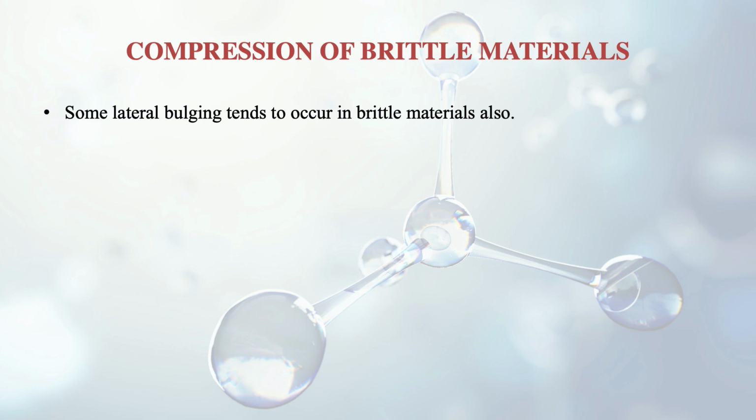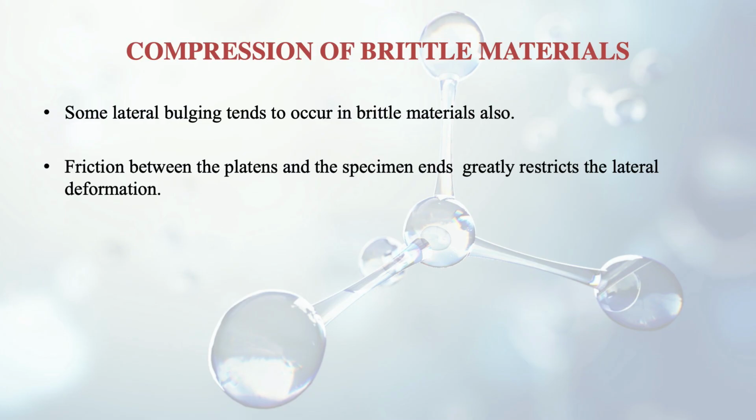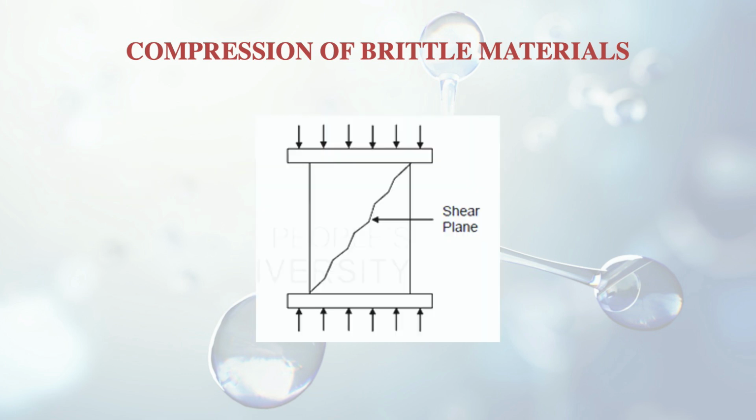Now further we will see that there is some lateral bulging which tends to occur in brittle materials also. Like in the case of ductile materials, which we discussed earlier, lateral bulging may occur in brittle material also, but it is very less as compared to the ductile one. What happens is that friction between the platens, what is the platen? The platen is this top plate you can see, which is connected to the top and bottom of the specimen.